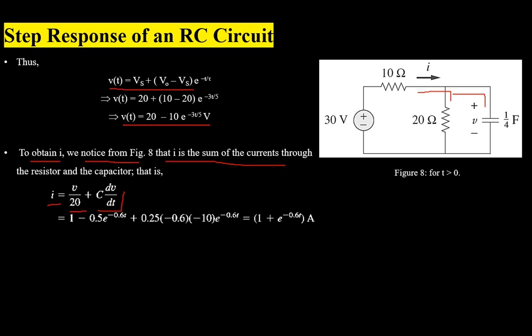Now substituting the values and solving, the current I will be equal to 1 plus exponential power minus 0.6 t amperes.